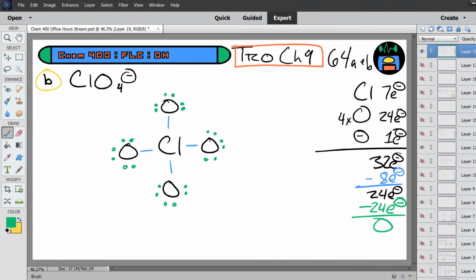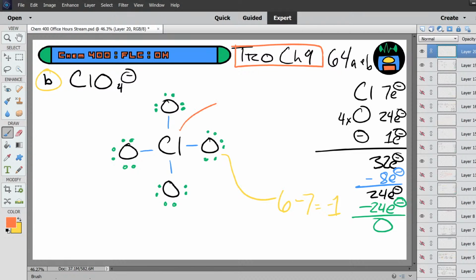All right, so let's go ahead and calculate our formal charges here. Oxygen, when it's neutral, has 6. In this structure, it has 6 electrons as lone pairs plus 1 in the bond. So that's access to 7. 6 minus 7 is a -1. Each oxygen will share that formal charge.